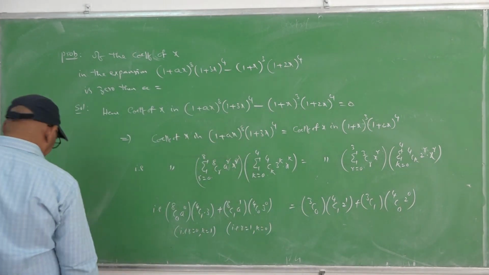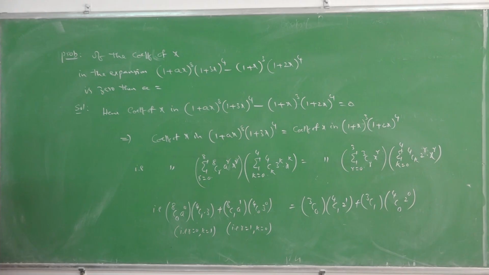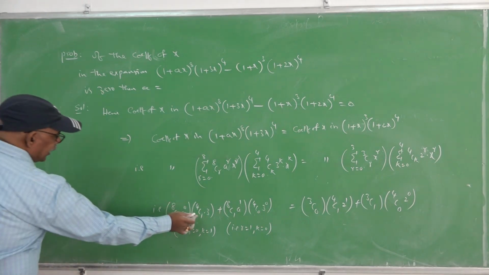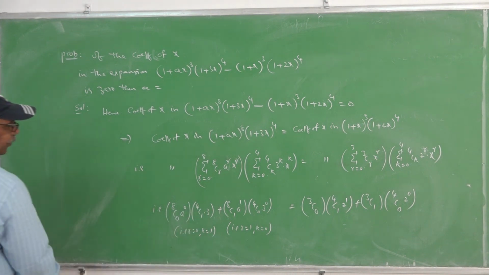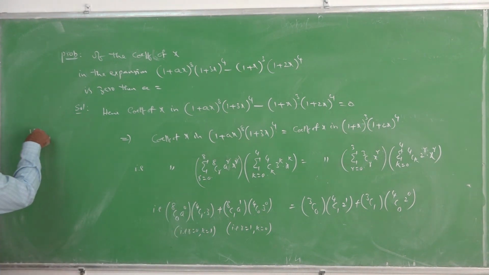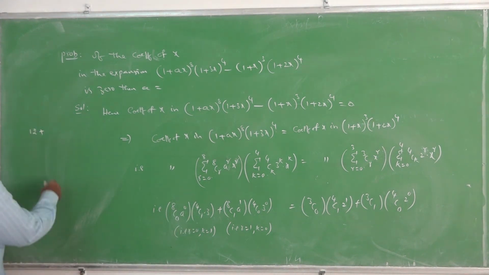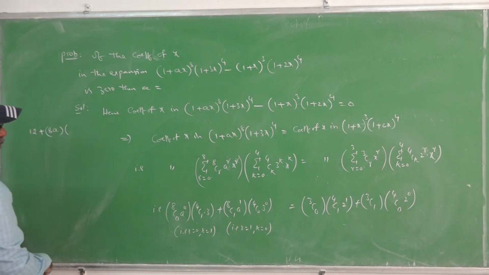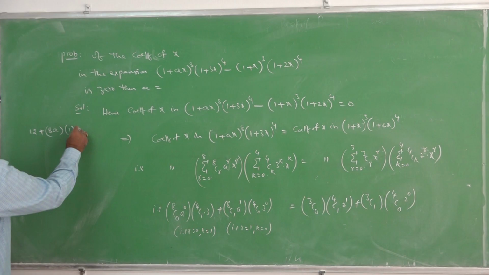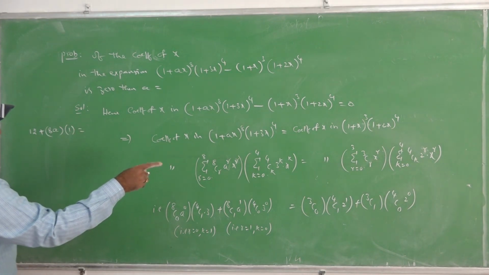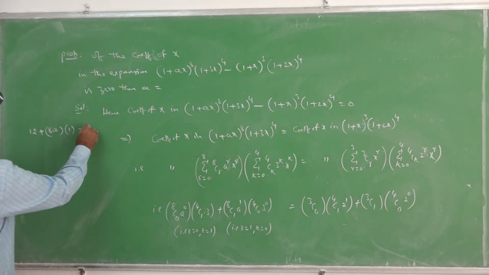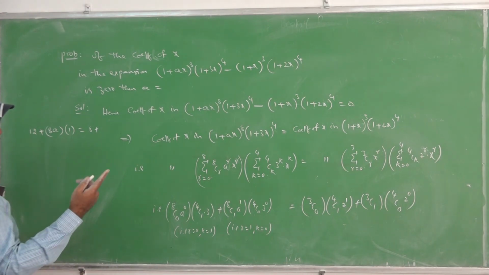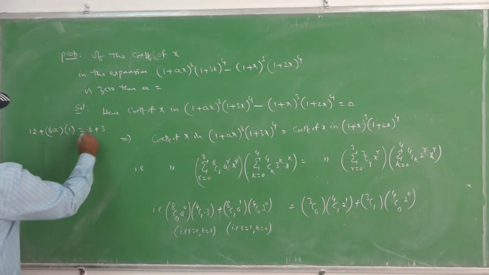These two are equal. In such case, what is the value of a? 8C0 is 1, 4C1 is 4, 4 into 3 is 12. So 12 plus 8C1 is 8, so 8a into 4C0, 3^0 is 1, equal to 3C0 is 1, 4C1 2 is 8, plus 3C1 is 3 into 1, that is 11.